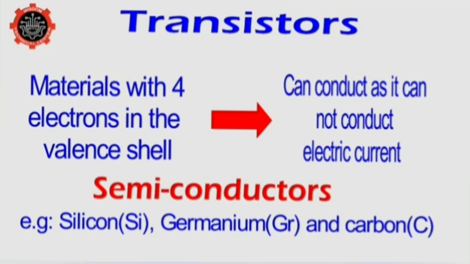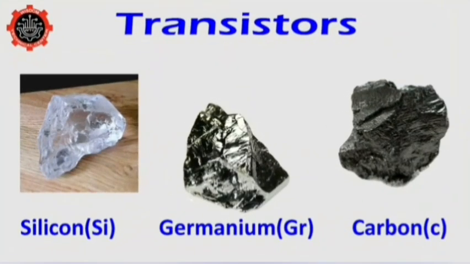So scientists look at those materials that have 4 electrons in the valence shell, which are silicon, germanium, and carbon. Silicon was at the top of the list as the most popular solid-state material used.